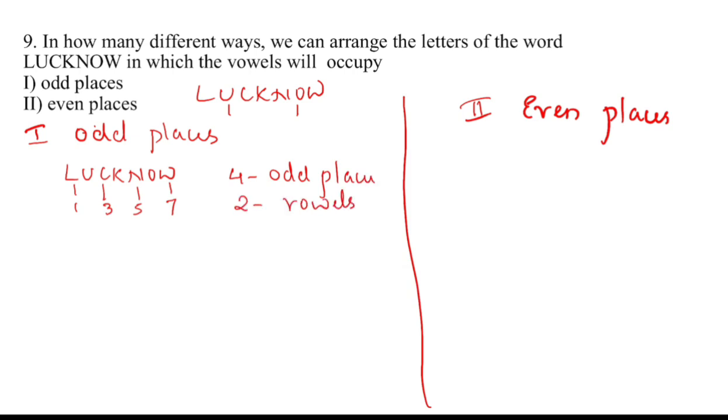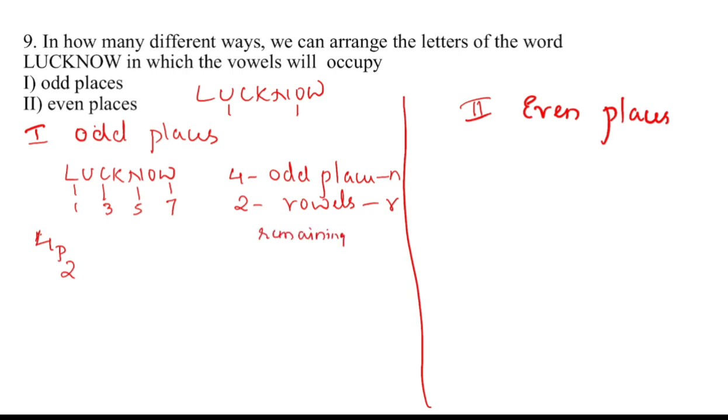Okay. So 2 vowels can be arranged in 4 odd places, so we can arrange in 4P2 ways, isn't it? And remaining are how many?